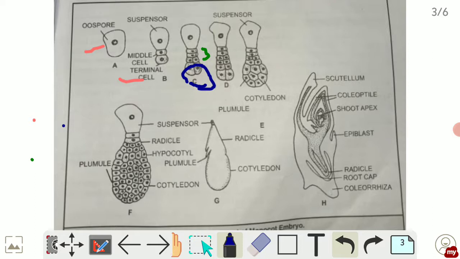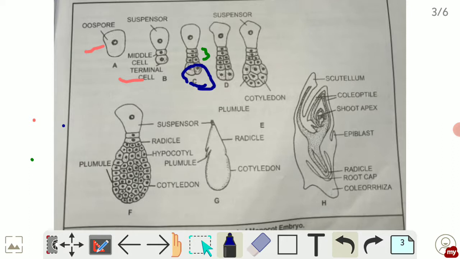The octant is developed into one cotyledon, and that is called the scutellum. In this octant the dermatogen, peribelum and pleroma all develop. Peribelum and pleroma develop later, and first the dermatogen develops.